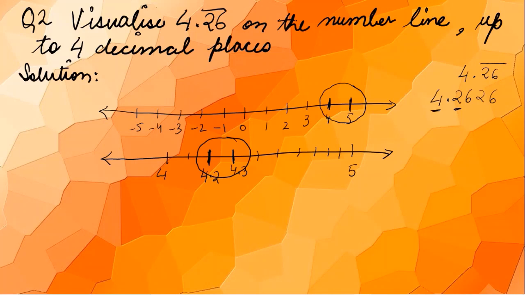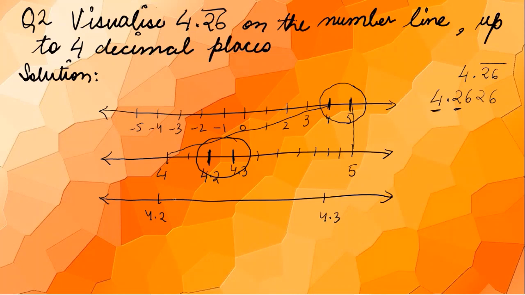Now after this, you can draw like this. Now draw the number line. Now we will be taking between 4.2 and 4.3.